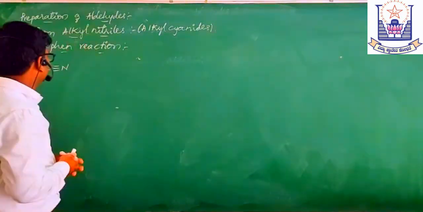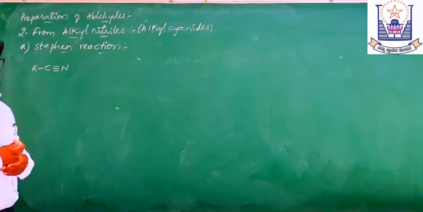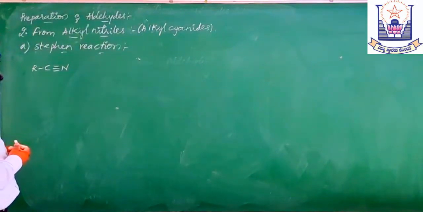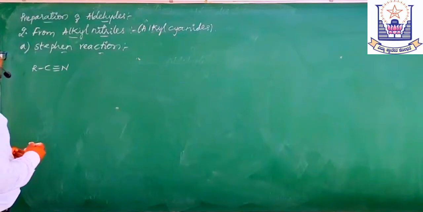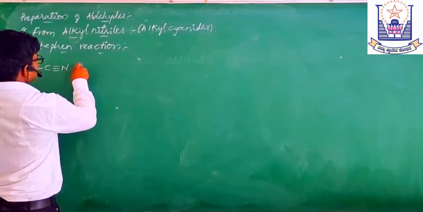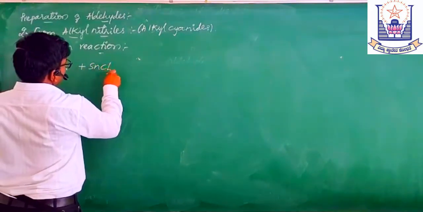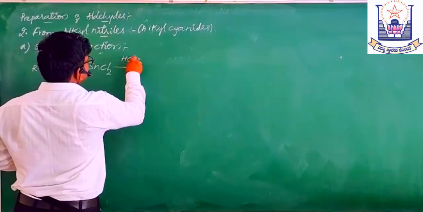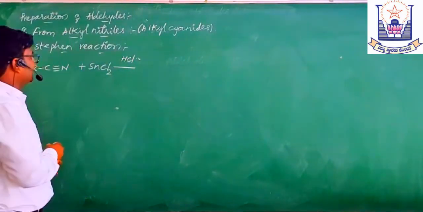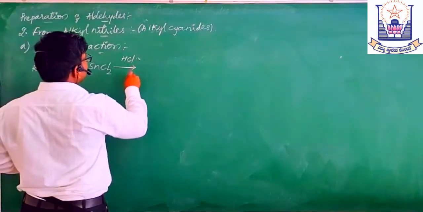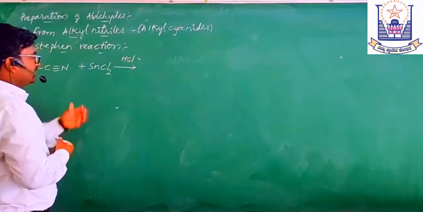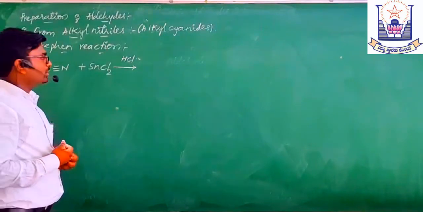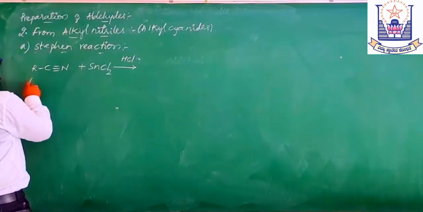Remember this. When RCN, that is alkyl nitrile, is treated with stannous chloride, that is SnCl2, in the presence of HCl, you will get an imine as the intermediate.